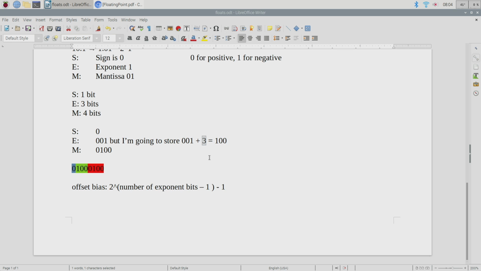For 32-bit, we use 8 bits for the exponent. So if we use 8 bits for the exponent, what would the bias be according to this?